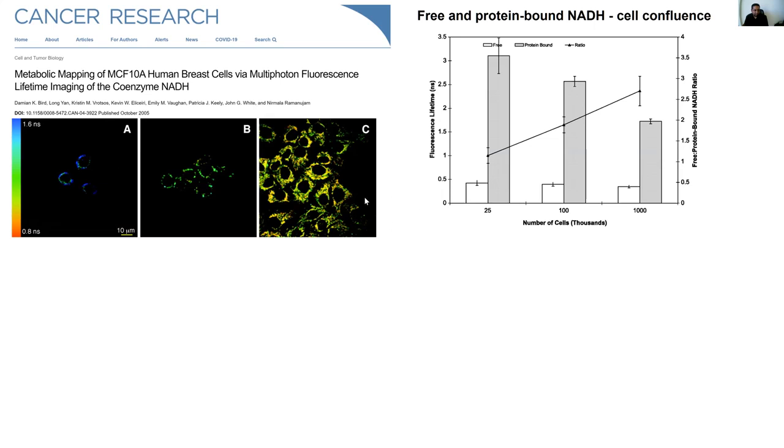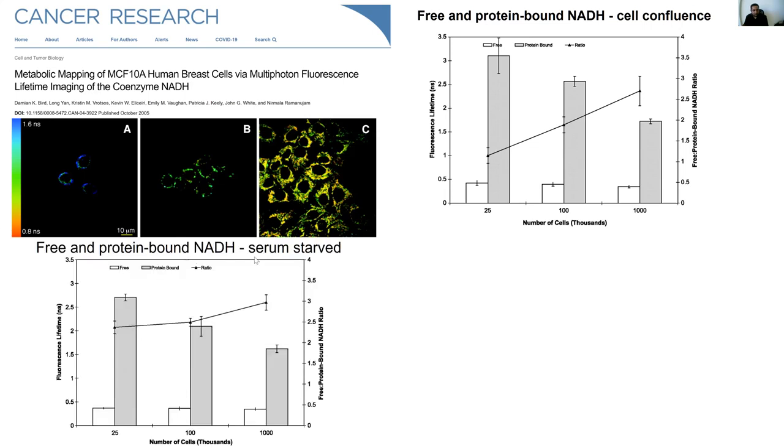What they saw, they fitted these exponential decays with 2 exponentials, and they calculated the free and bound lifetime. But what's more important here is the free to bound protein ratio. That's the ratio when the number of cells is 25,000, this is 100,000, and this is a million. And you see this really large increase in the free to bound protein ratio over the number of cells.